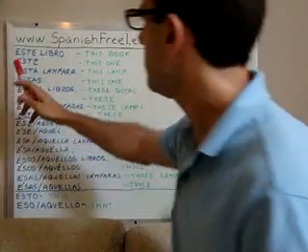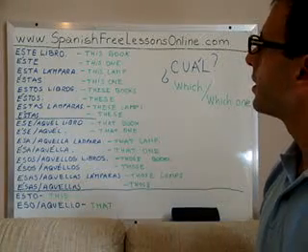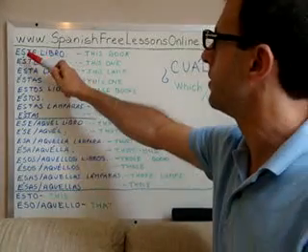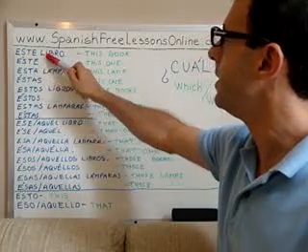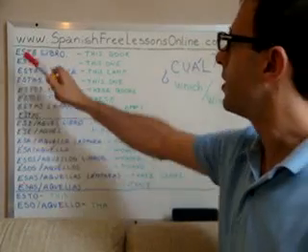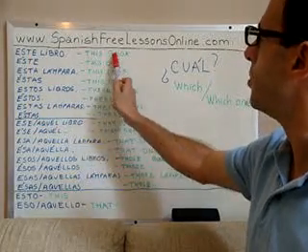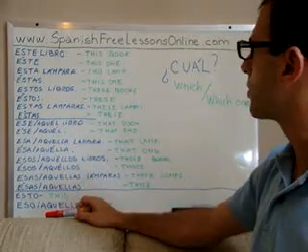So, let's see. Este libro. Look at the first phrase here. Este libro. Este means this. Este libro is this book. Now look.